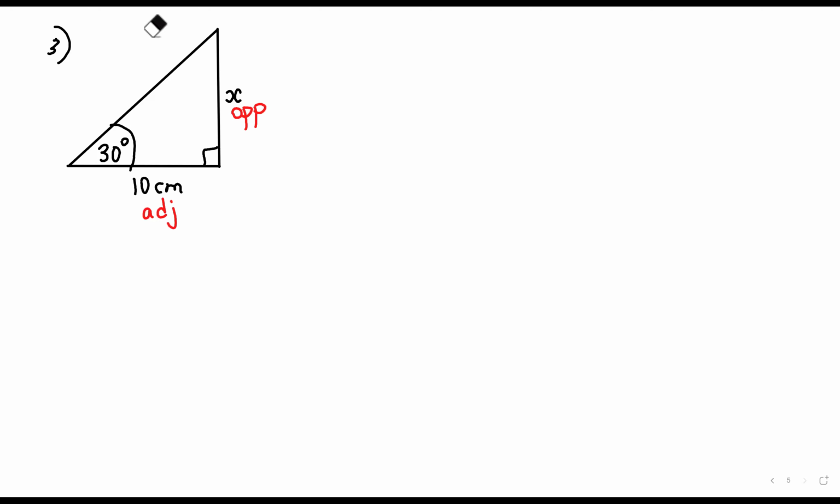Which ratio uses opposite and adjacent? Tangent. That's right. So we say tan of an unknown angle, in this case let's use theta, is equal to the opposite side over the adjacent side.